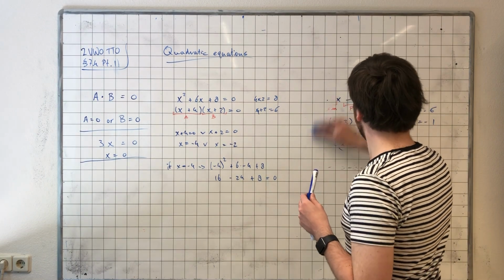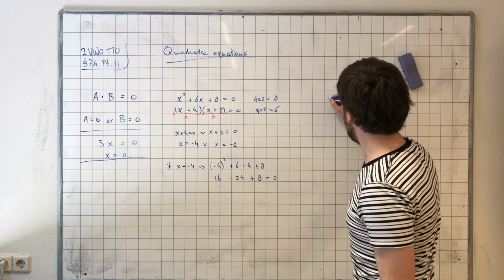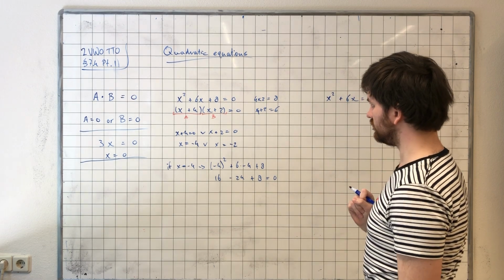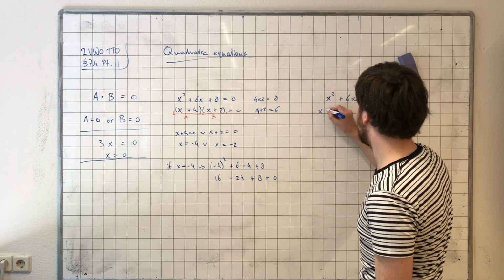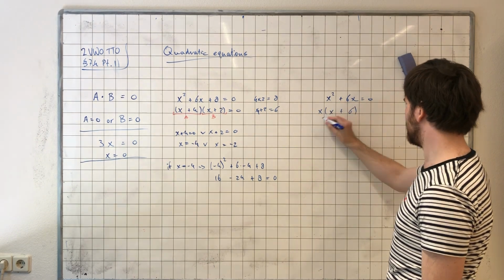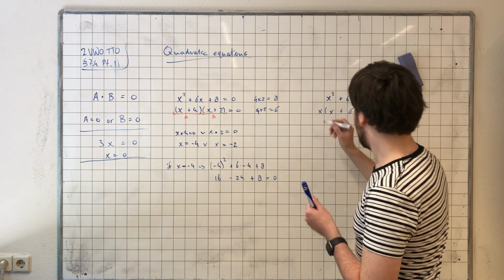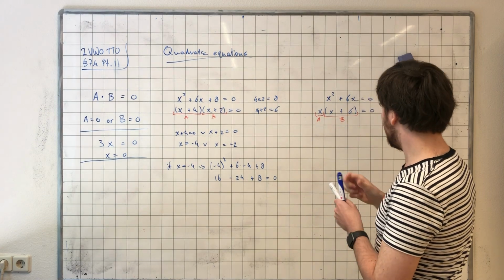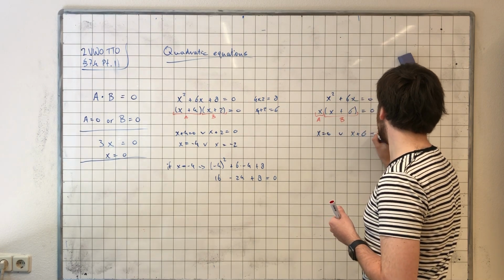Does this also work when we have the things from paragraph 2? Well, yes, it does. Because if we would have x squared plus 6x, for example, I told you, we can divide both of these things by x, so then you would have x in between brackets, x plus 6. x times x is x squared, x times 6 is 6x. Then we also have two parts. We have this first part and this second part. So then either x equals 0 or x plus 6 equals 0.